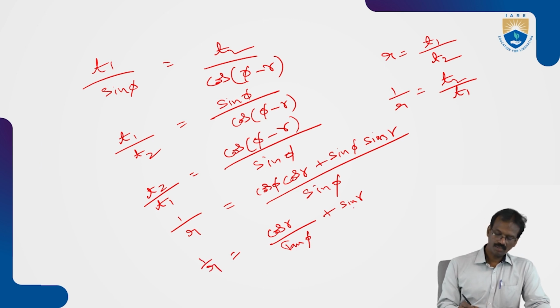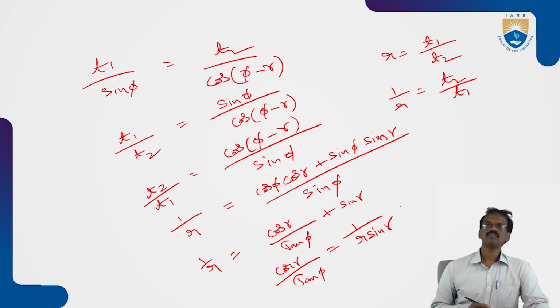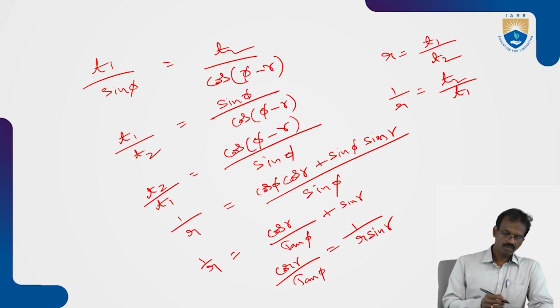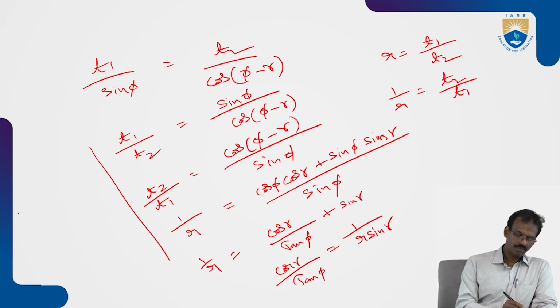You can send this term to the left hand side, then cos gamma by tan phi is equal to 1 by r minus sin gamma. Then you can reciprocate this, otherwise tan phi by cos gamma is equal to r.